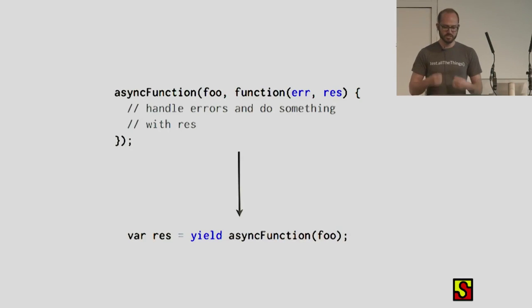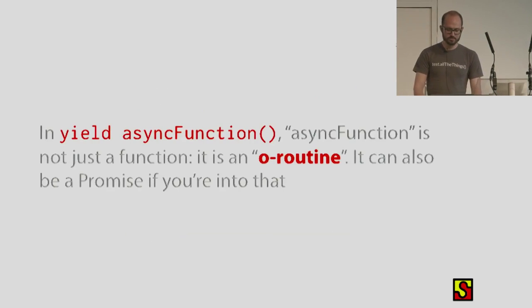Instead, you yield the asynchronous function, passing it whatever parameters need to be passed to it. And the result, whenever it's done doing what it's doing, is passed through an assignment, so you can capture it in a variable that way. And if there are any errors, they're thrown in this general context as an error, and you can try and catch them.